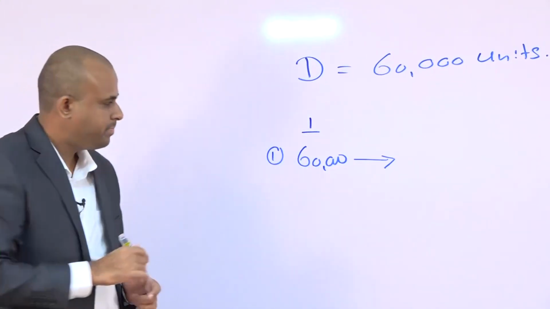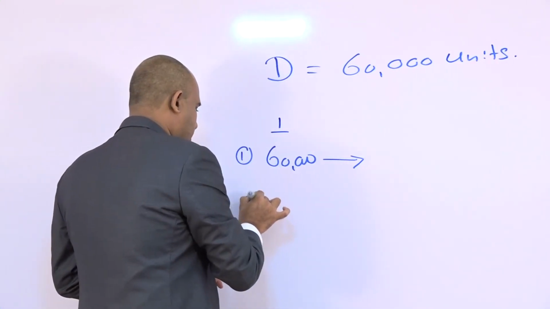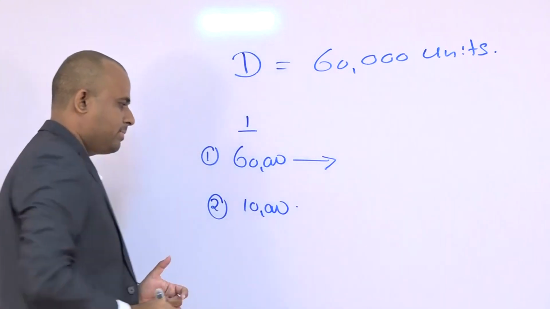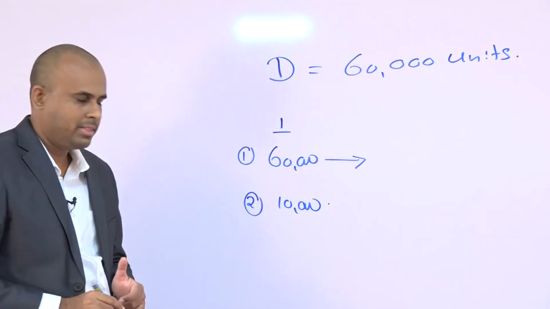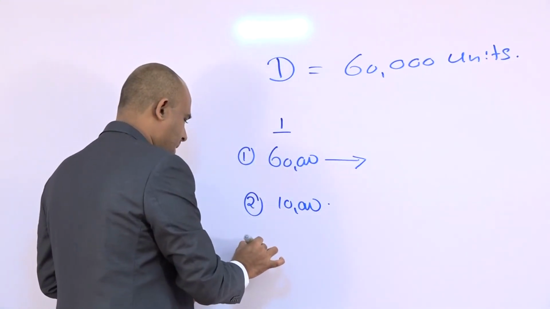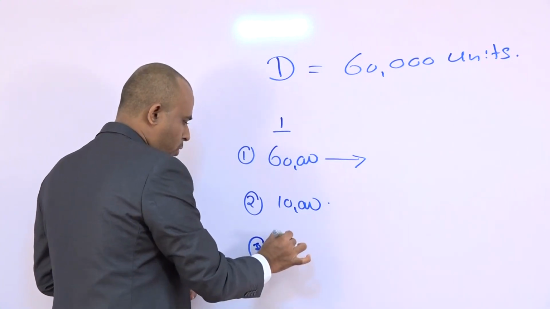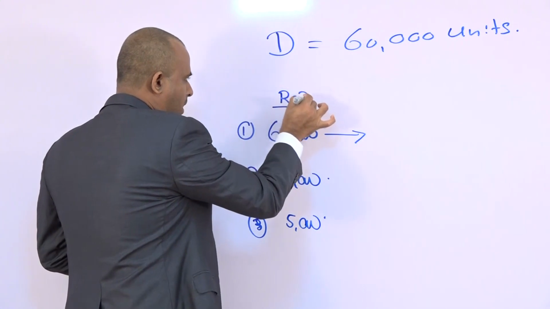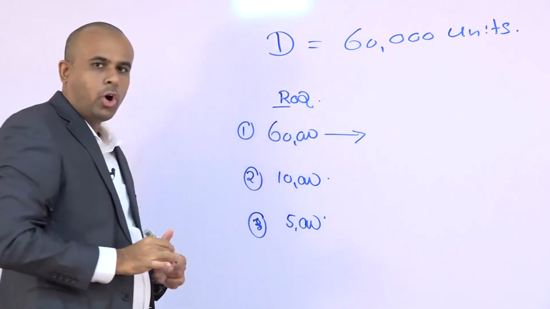Or else, second situation, you can buy 10,000 units at once. Or as a third option, you can buy 5,000 units at once. All these you call reorder quantity.